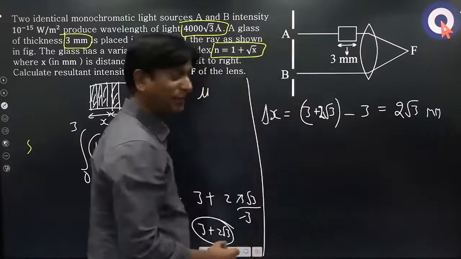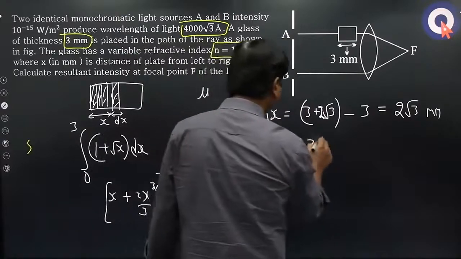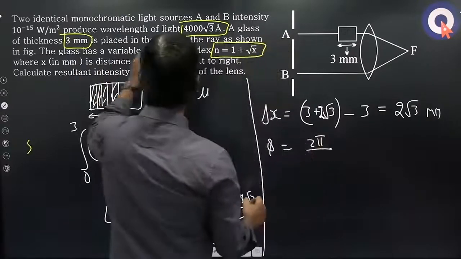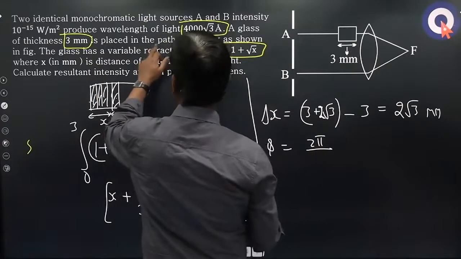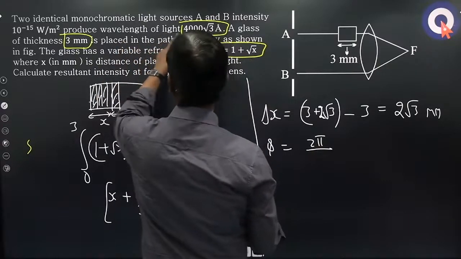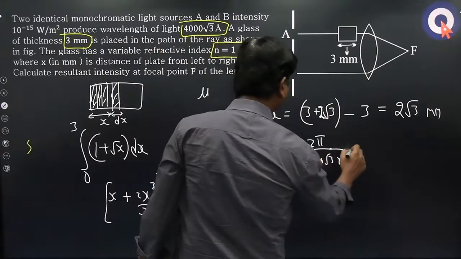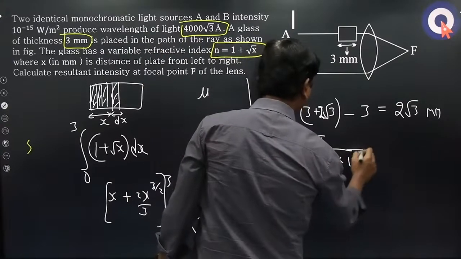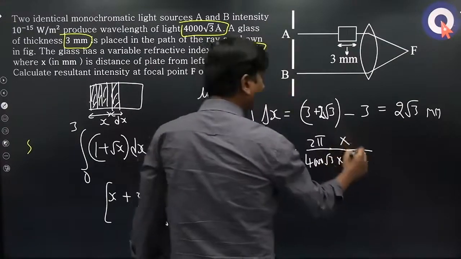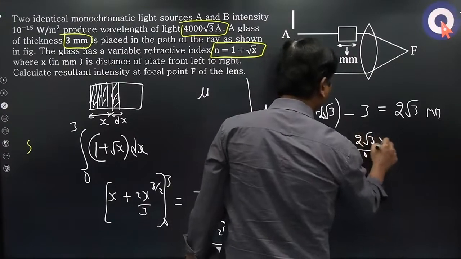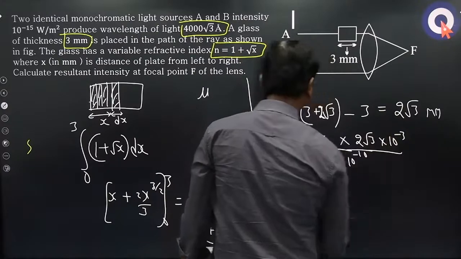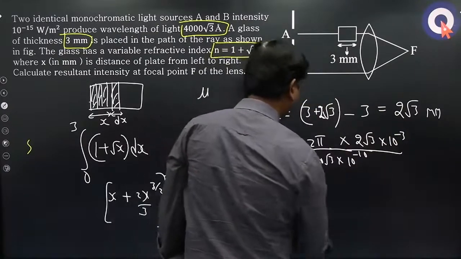So let us calculate the phase difference. Phase difference is equal to 2 pi by lambda. Lambda is already given, 4000 root 3 angstroms. Okay, 10 power minus 10 meters, into delta x. Delta x is 2 root 3 mm, 10 power minus 3. So phase difference, how much will you be getting?